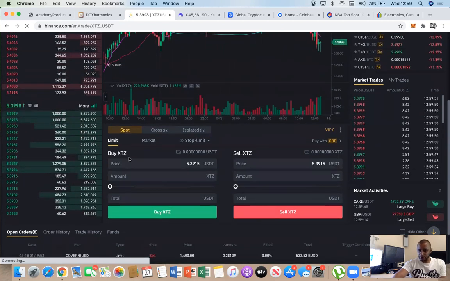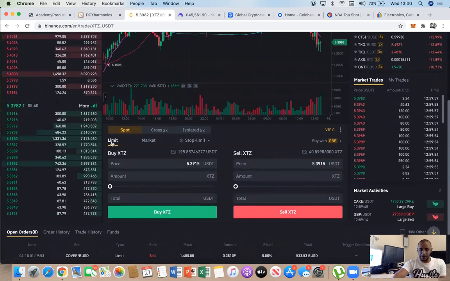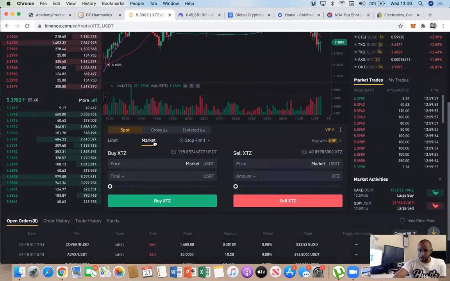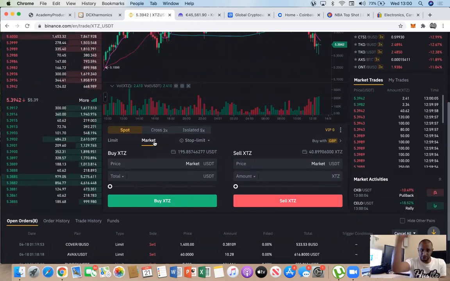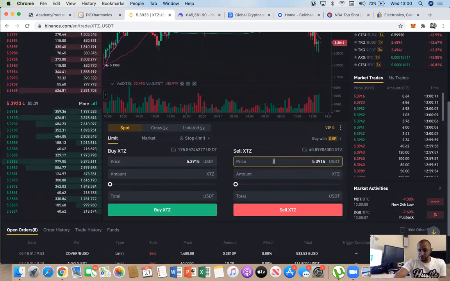I don't want it to buy, I want it to sell. How do I do that? Remember, I got in at the market price, but this time around, I want to set a limit on my sell. You with me? I'm going to click on limit, and go over to the sell side.